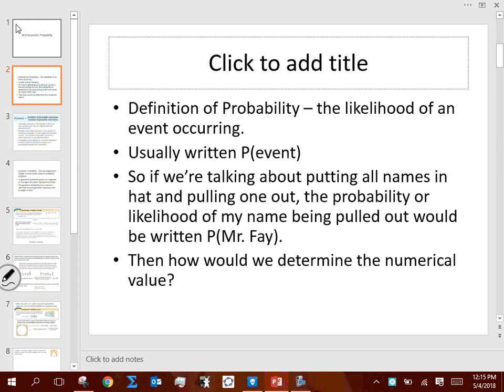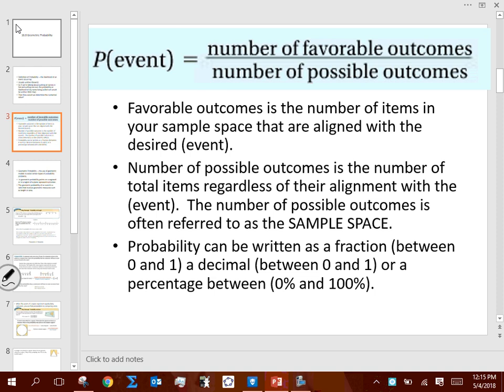So the numerator becomes what we call our favorable outcome, the things that are aligned with the event or match up to our event. The denominator becomes all possible things that could happen, which is 20 names, so each one of those things could be a possibility. That's how we do probability across the board, regardless of whether we're pulling names out, pulling marbles, or doing probability for geometric models.